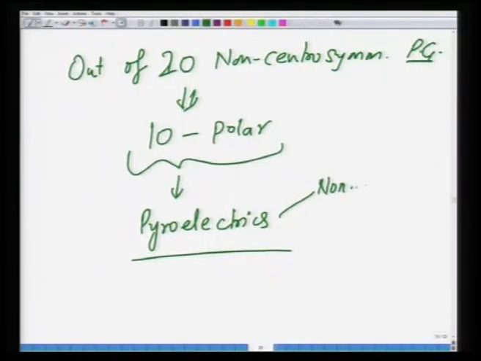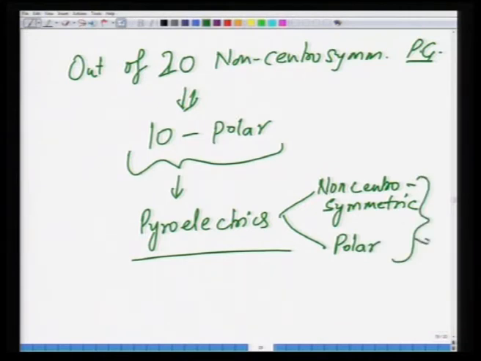Now, another definition of a pyroelectric material is, one is non-centrosymmetricity, and polar, which gives rise to only 10 point groups, and then they have a unique polar axis.